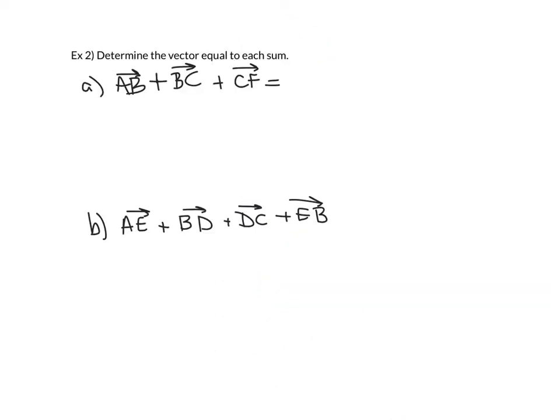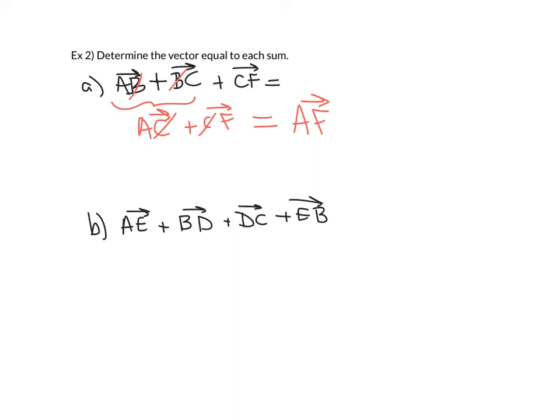I'm not necessarily saying that you need to show me all of these steps in between if you don't have to. In this next example, it asks you to determine the vector equal to each sum. So again, I can see here that I have AB plus BC. That's going to leave me with vector AC plus CF, which is equal to vector AF.